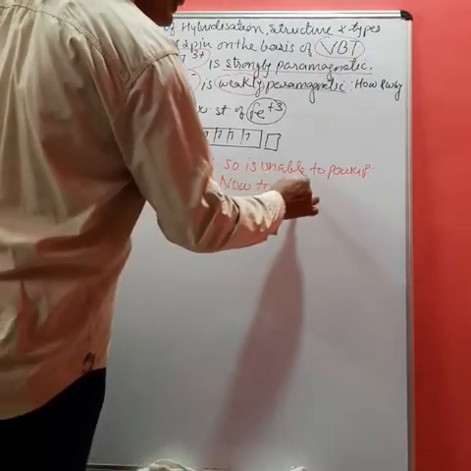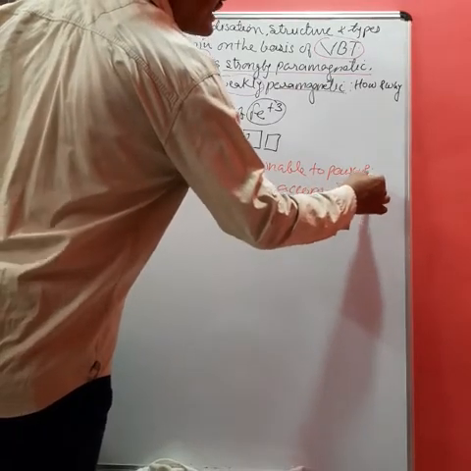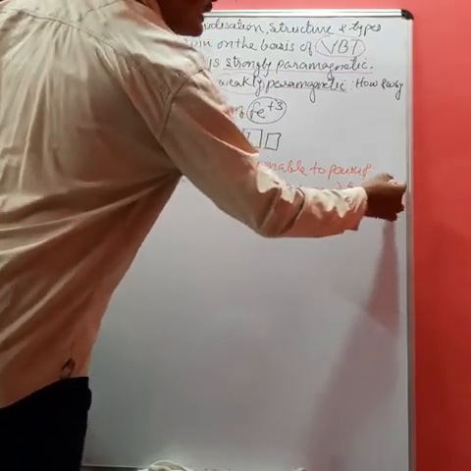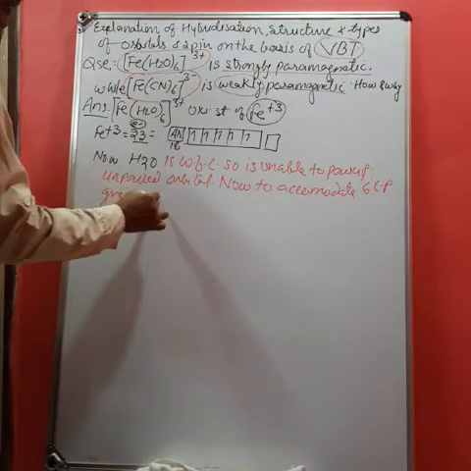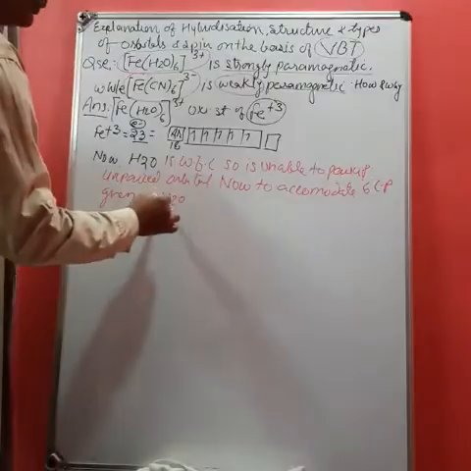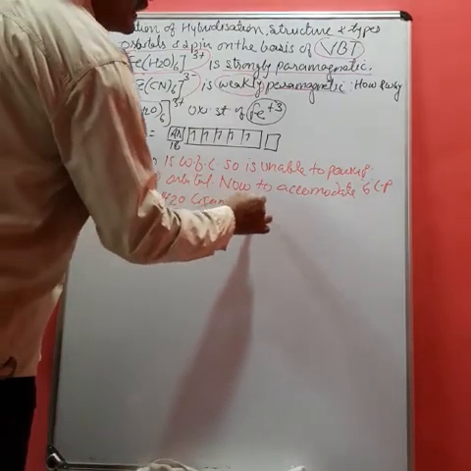To accommodate 6 lone pairs given by the H2O ligands, hybridization will take place.